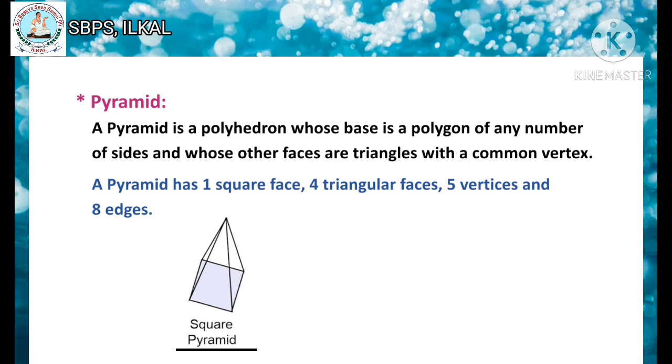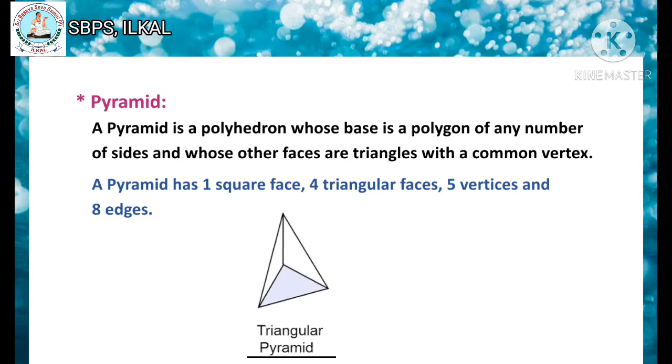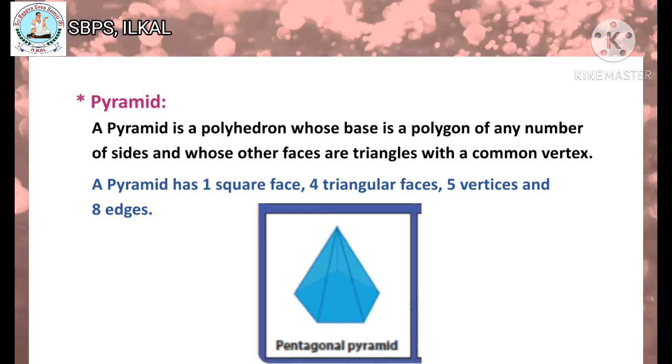Some more examples for pyramid are tetrahedron. In tetrahedron, the base will be triangle in shape and remaining 3 faces will be again triangular faces and it will have 1 vertex, that is common vertex. Okay. Another example, pentagonal pyramid, means the base will be in pentagon shape which has 5 sides.